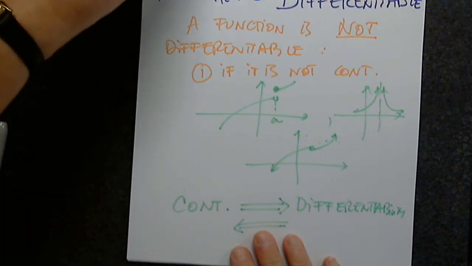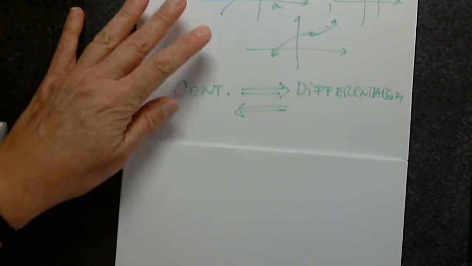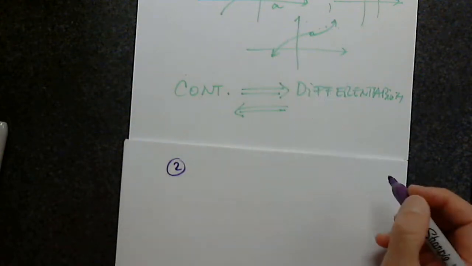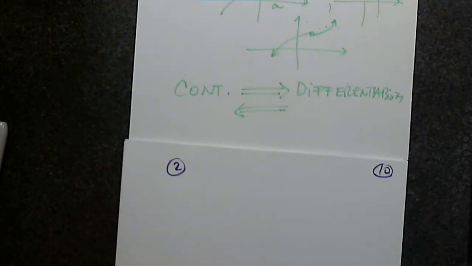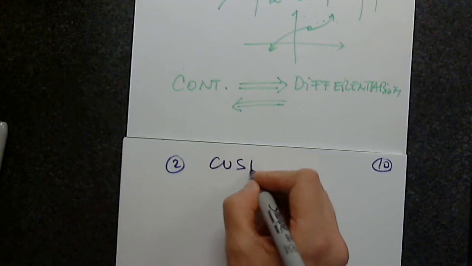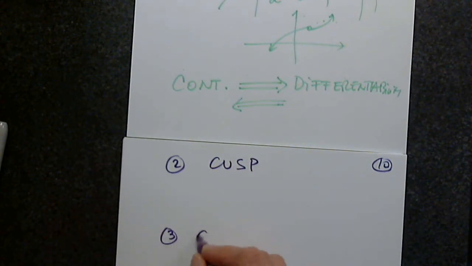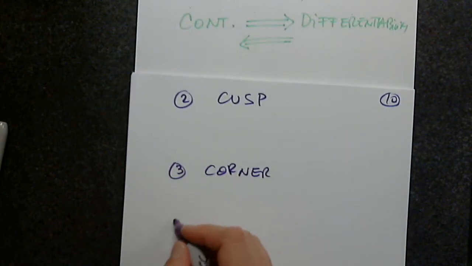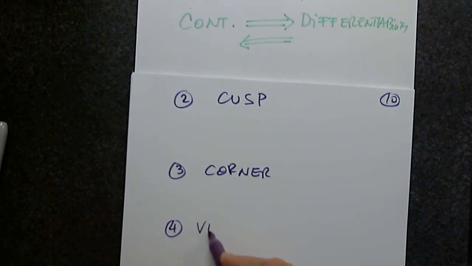Don't answer just yet. I'll come back. Number 1, when the function is not continuous, the function is not differentiable. Number 2, cusp. Number 3, corner. I'll give examples from both. Number 4, vertical tangent.